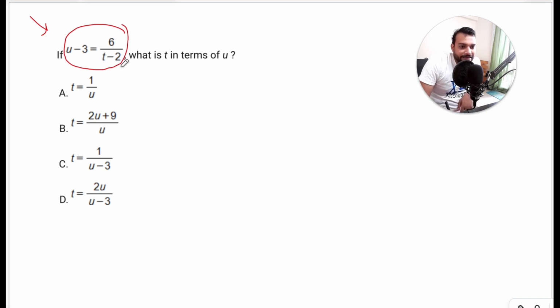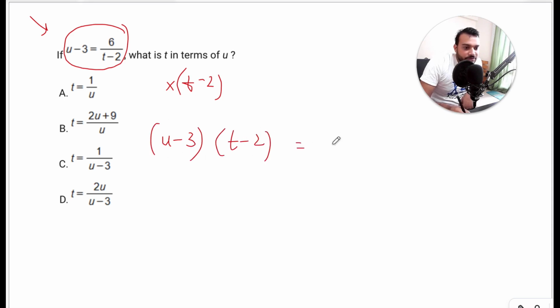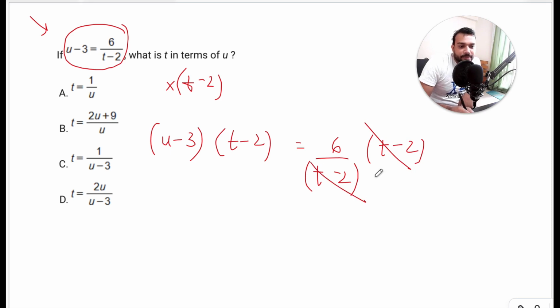First of all, we'll get it into a numerator. So multiply both sides with t minus 2. What do we get? (u minus 3) times (t minus 2) is equal to 6 upon (t minus 2) times (t minus 2). Multiplied both sides. This and this cancel.